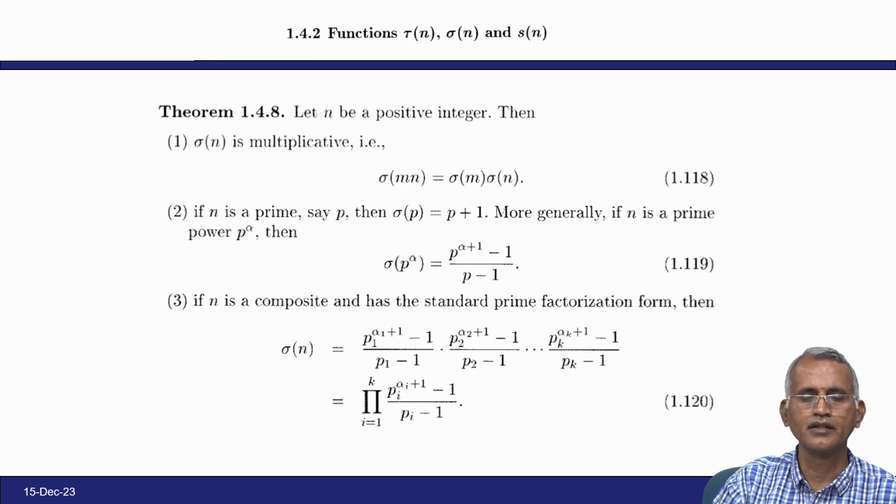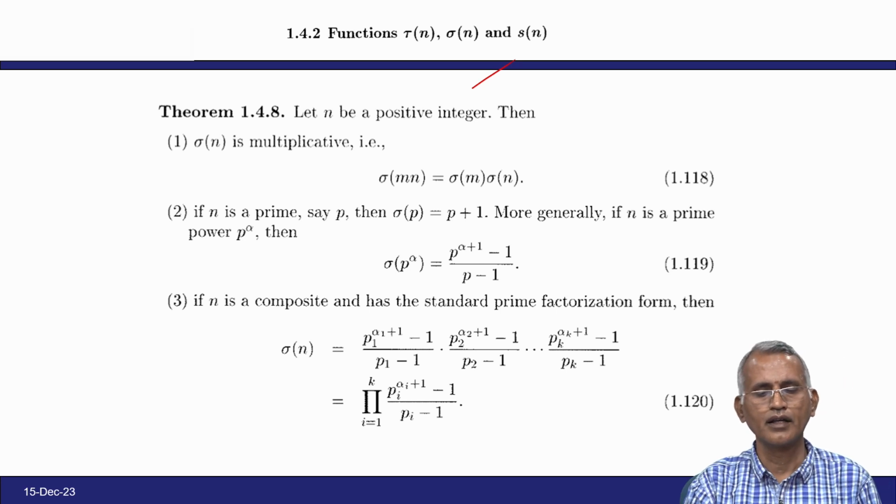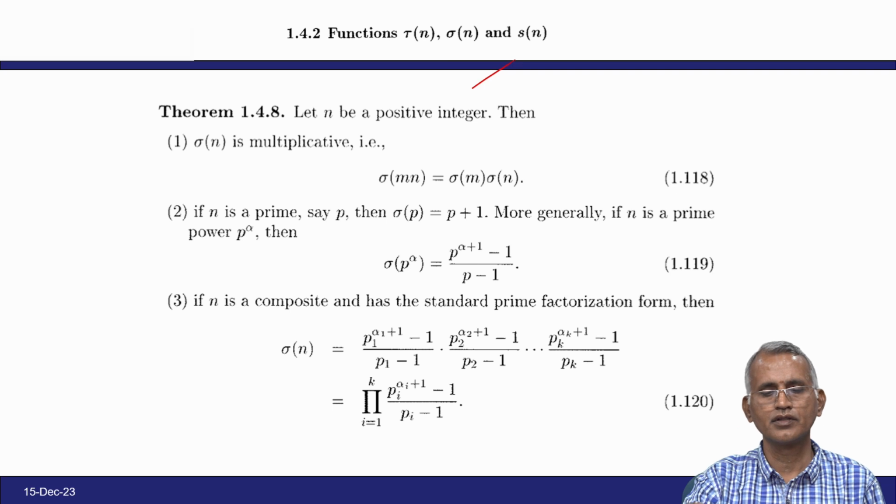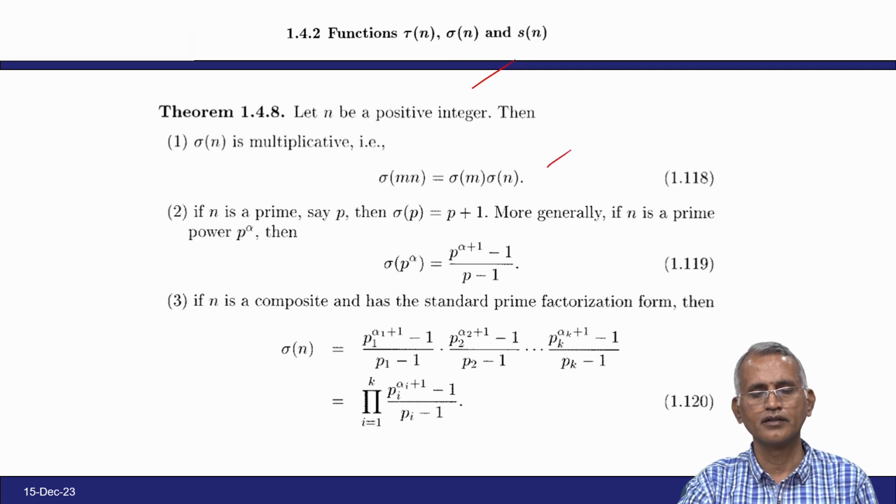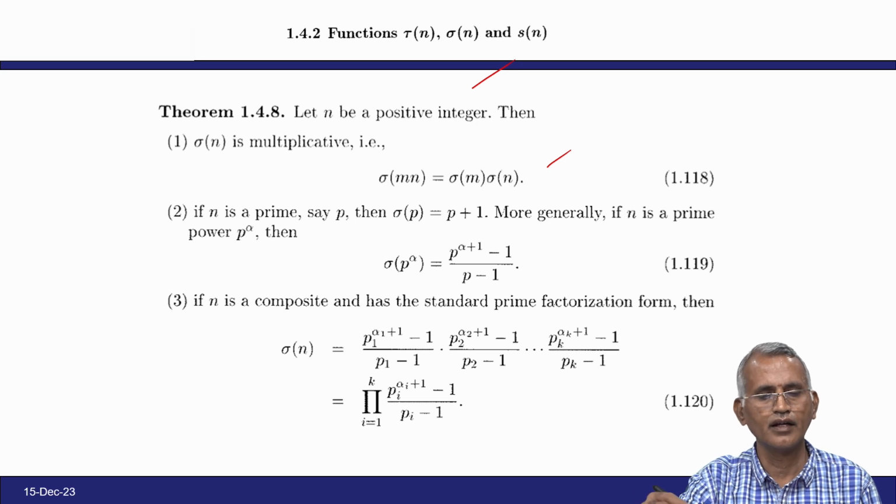Next, we have a theorem: let n be a positive integer and sigma of n is multiplicative. Therefore, sigma of mn is equal to sigma of m into sigma of n. So, we have n is a positive integer, say n equal to 6.